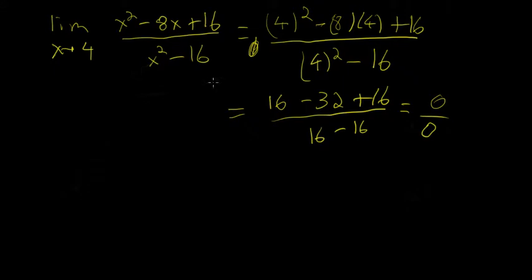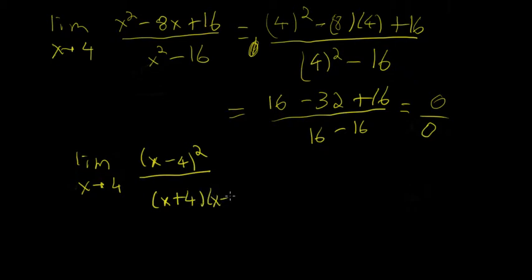So looking at the numerator, it looks like it's a perfect square, right? It looks like it's x minus 4 squared, and the denominator, hopefully you can see it's factorable into x plus 4 times x minus 4.